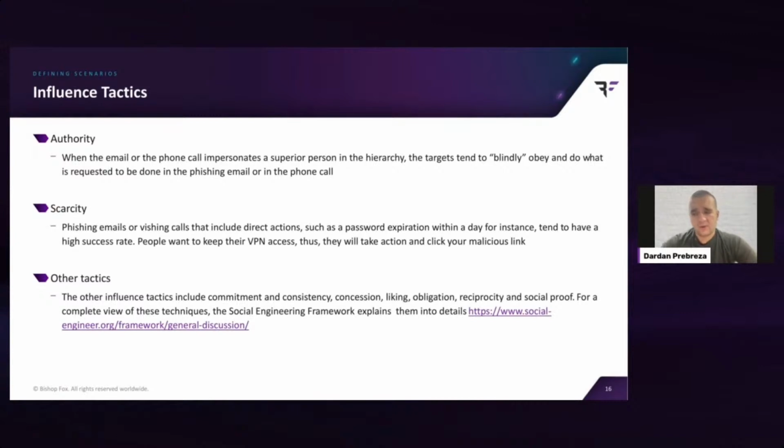And there are also other influence tactics, such as commitment and consistency, concession, liking, obligation, reciprocity, and social proof. And for a complete view of these techniques, the Social Engineering Framework explains them in detail. And there is a link here that you can easily find on their website.